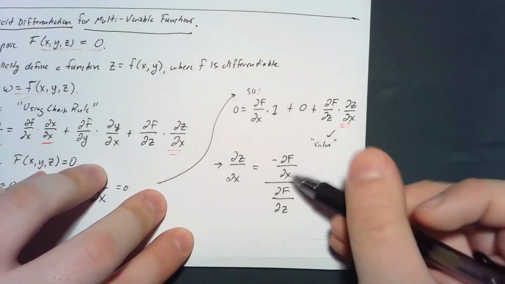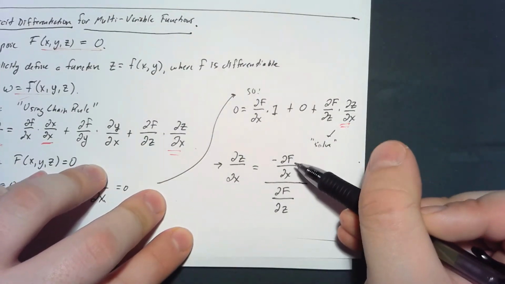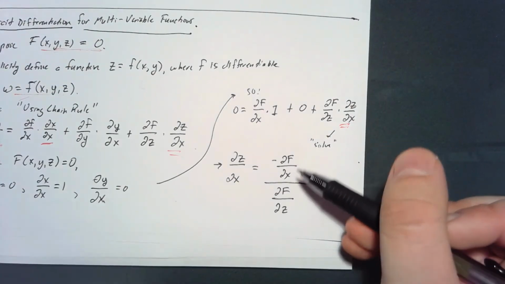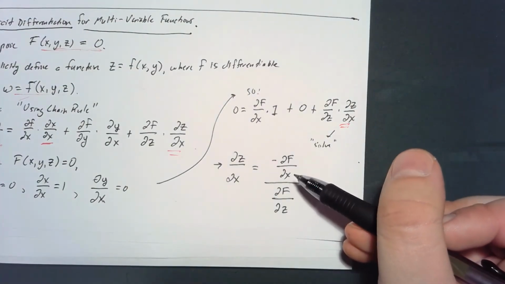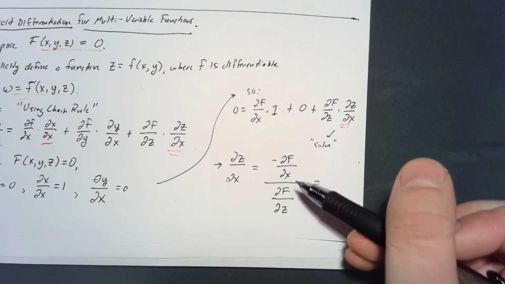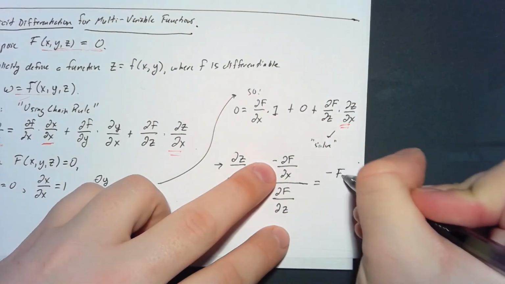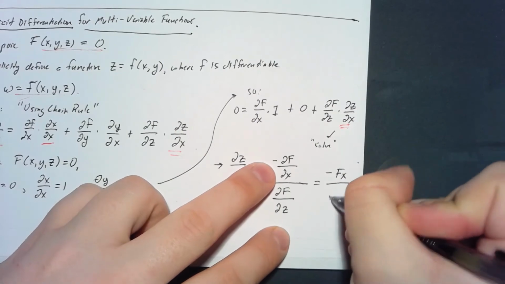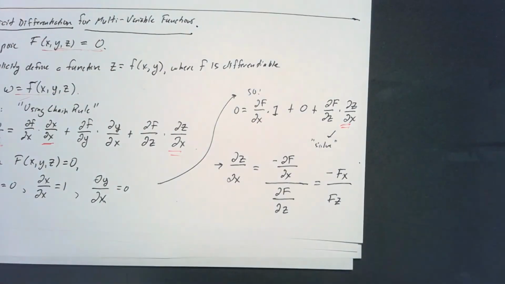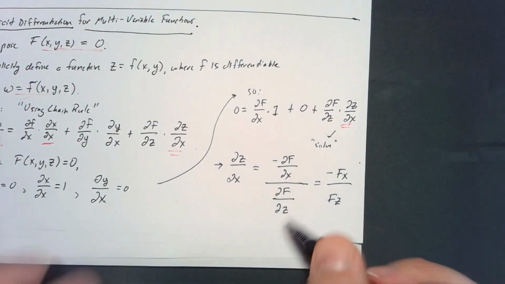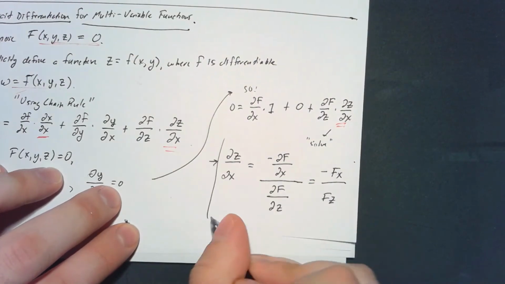I could use the alternate way to denote the partial derivative. I could write it as minus f sub x all over f sub z. So that's if you want to find the partial derivative.